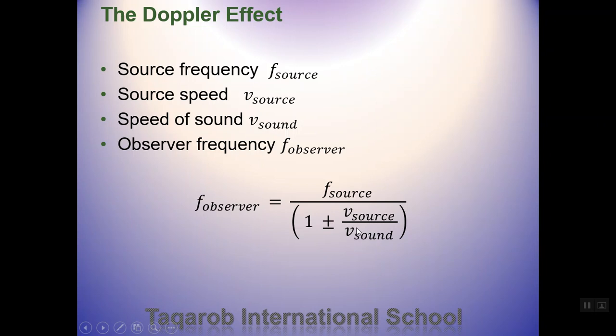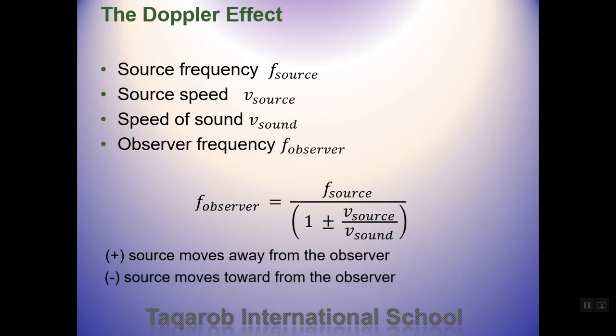Be careful when you put plus and when you must put minus. The plus sign is used for a source that moves away from the observer, and the minus sign is used for a source that moves toward the observer.